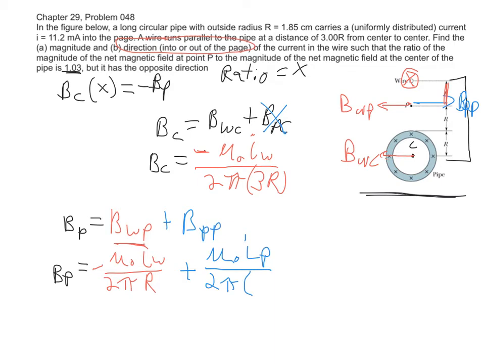The distance to the center of the pipe is going to be 2 times r. Okay, so now we can put these together with our relationship that we have up here.